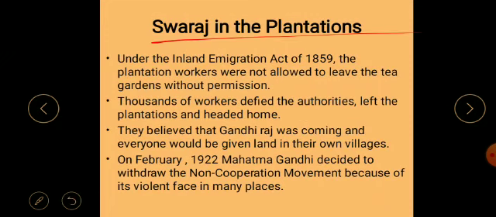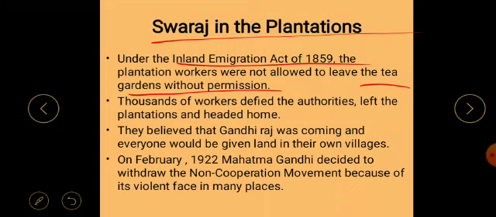Then Swaraj in the plantations. Under the Inland Emigration Act of 1859, the plantation workers were not allowed to leave the tea gardens without permission. In this regard, thousands of workers defied the authorities.